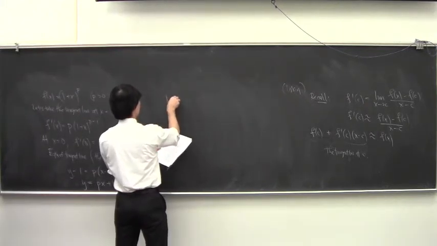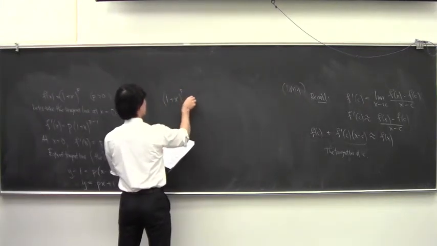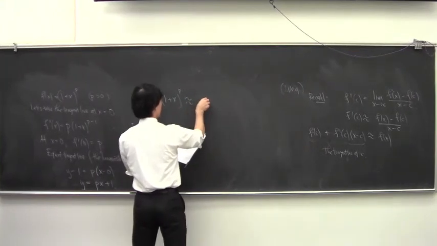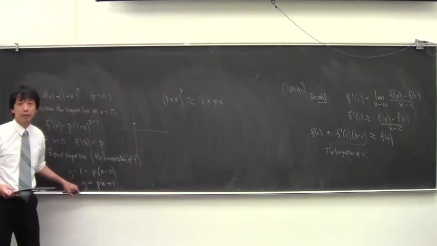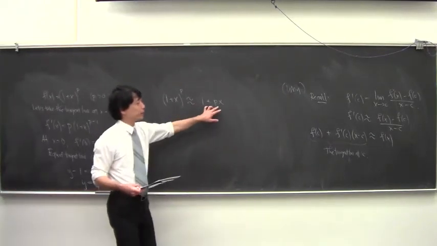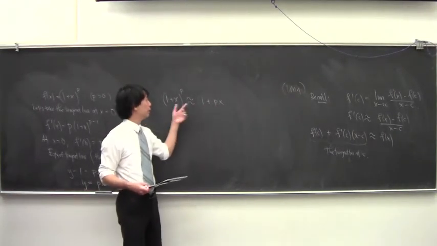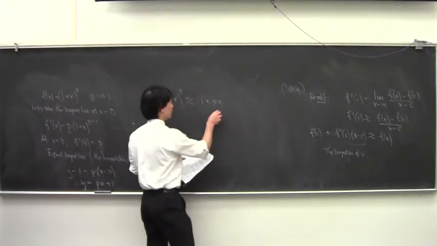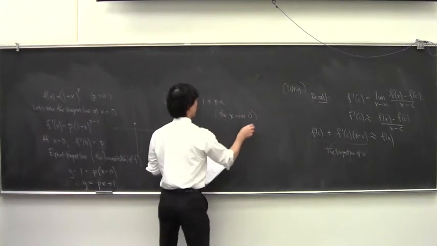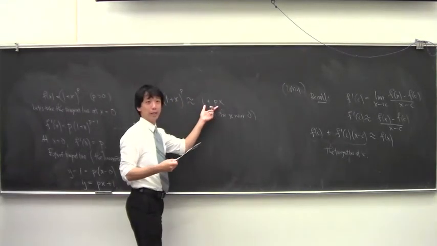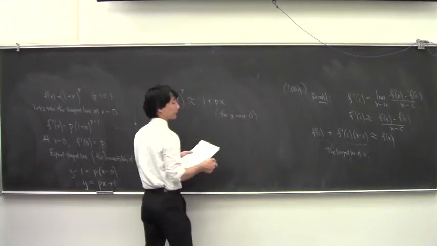That says that (1 plus x) to the p is basically 1 plus px. Here's the linearization of this function for x near 0. This is the linearization at x equals 0.